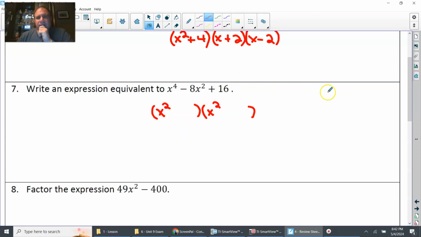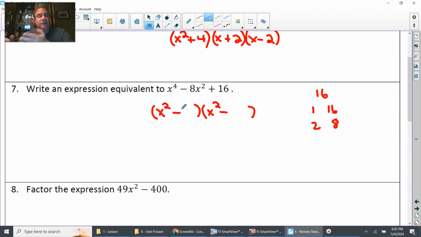Now I have to look for numbers that multiply to 16 and add to 8. Let's see if this works. 1 and 16, 2 and 8, that's not good. It has to multiply to a positive, but add to a negative, so that means it's negative, negative. It wouldn't be positive, positive, because then that would be a positive 8.